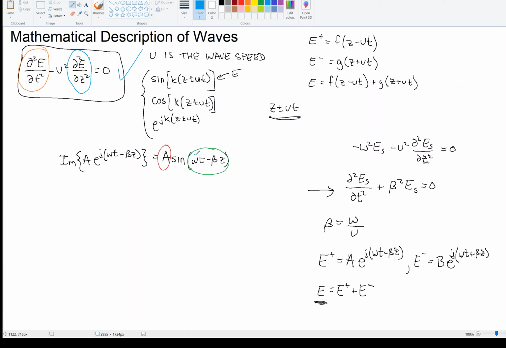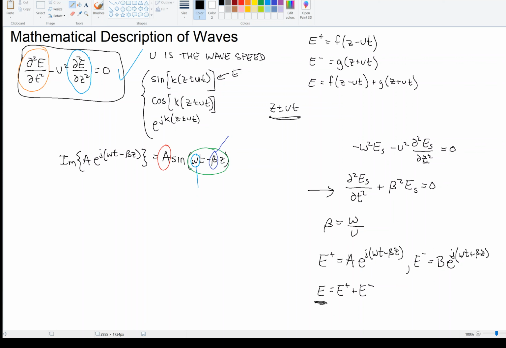Omega, so this is omega, not W, is the angular frequency, and it has units of radians per second. Beta is what we call the wave number, and it has units of radians per meter, or sometimes we would just say per meter. So just a little bit of terminology there.